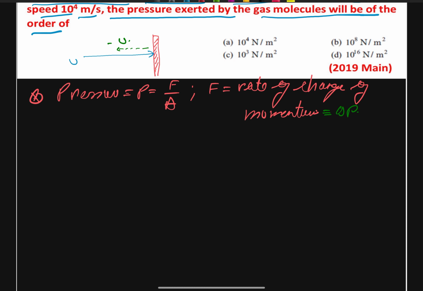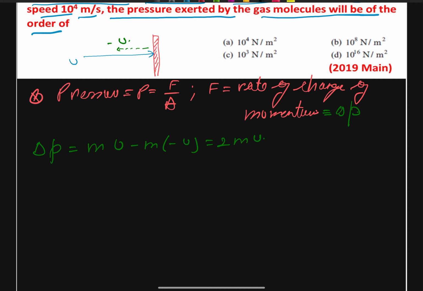Here let me write this as small p. The change of momentum delta p will be equal to mv minus of minus mv. This comes as 2mv, and mass and velocity are given to us, so we substitute them.